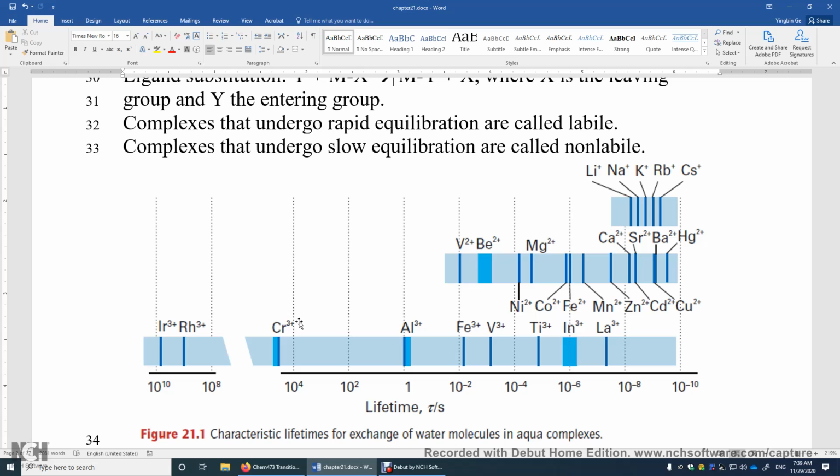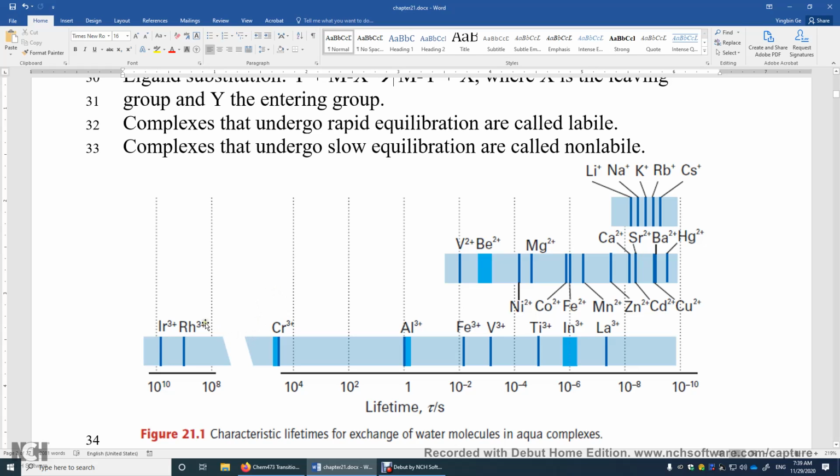So for these reasons, chromium 3 plus, despite being one of the 3d transition metals, is really non-labile. The hexaaqua chromium 3 complex is extremely stable kinetically.